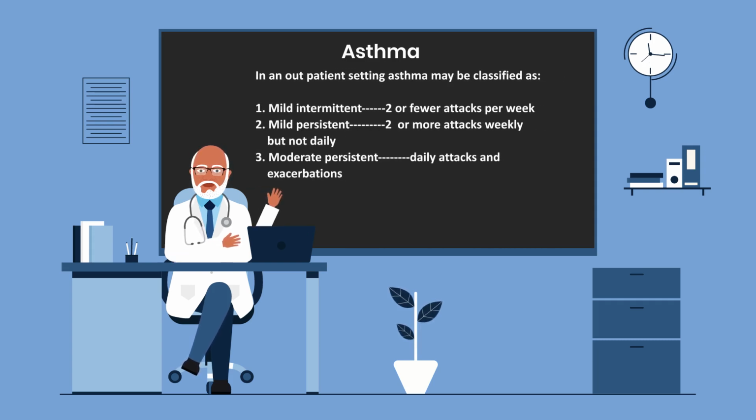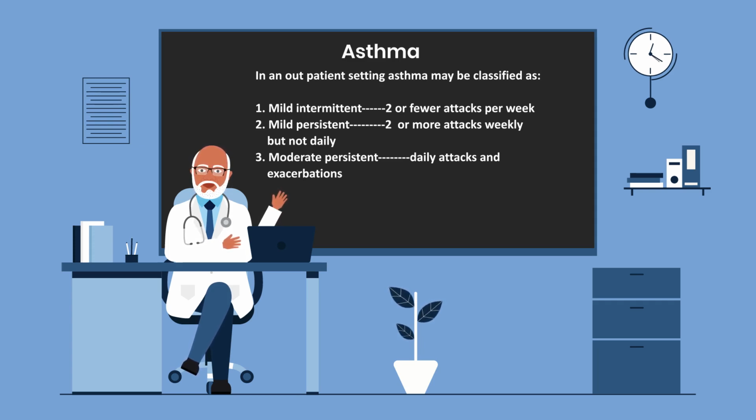Now, in an outpatient setting, asthma may be classified as, number one, mild intermittent, which means that there are 2 or fewer attacks per week. Then it may be classified as mild persistent, which means that there are 2 or more attacks weekly, but not daily.